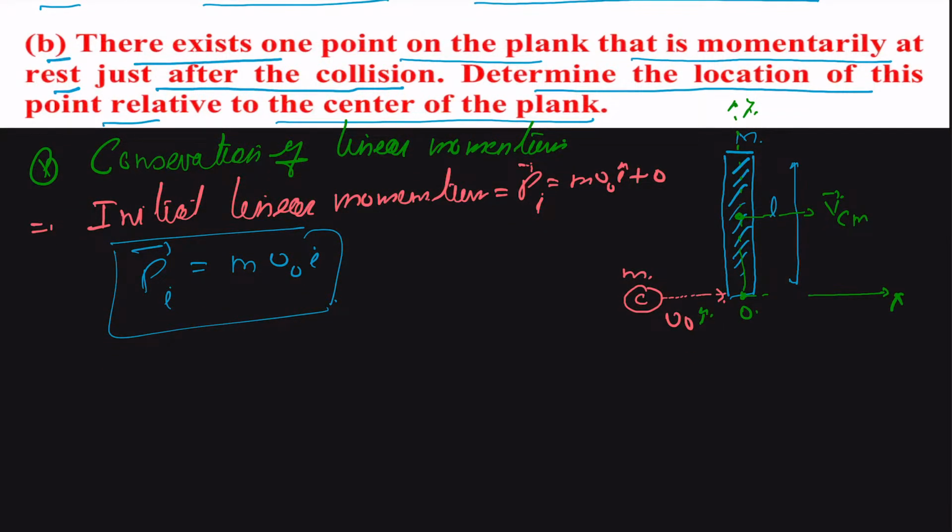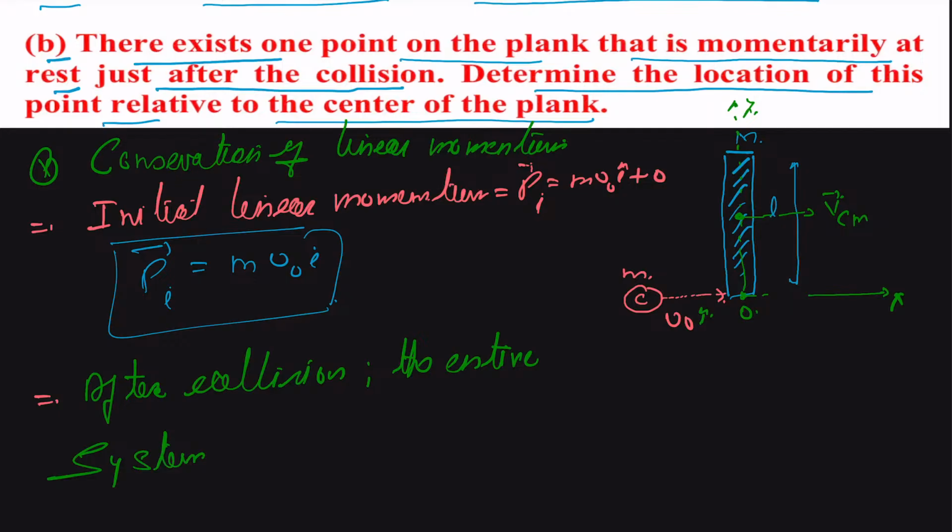So we can say that after the collision the entire system of mass m plus capital M moves with velocity of center of mass, which is VCM.